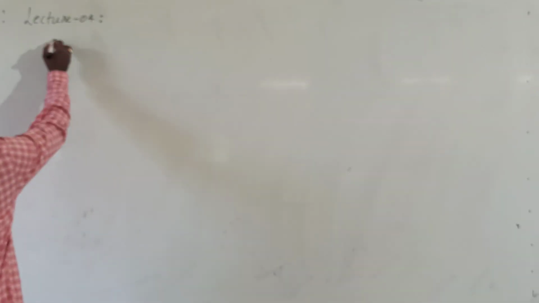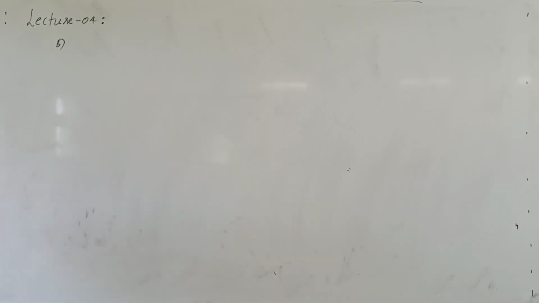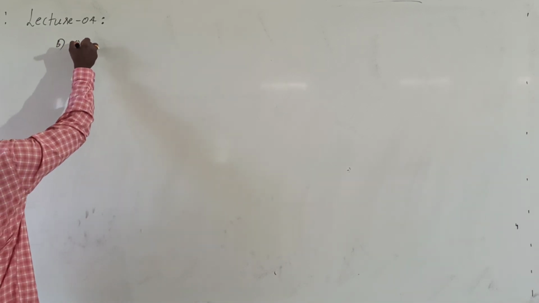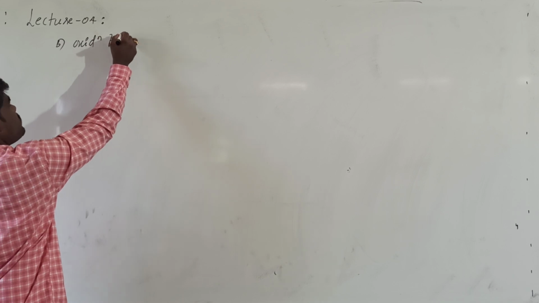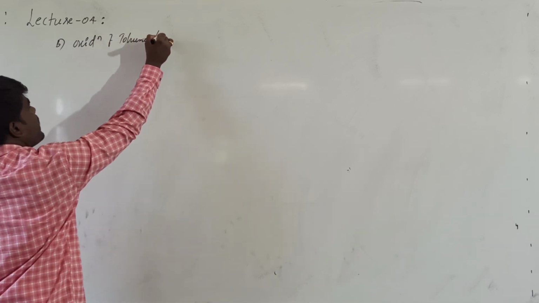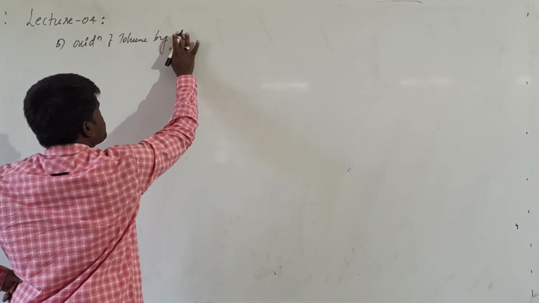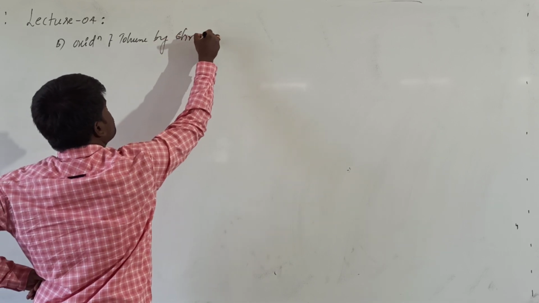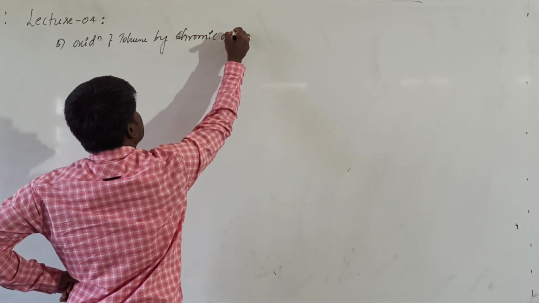What is the second one in this? The second one is oxidation of toluene by chromic oxide.